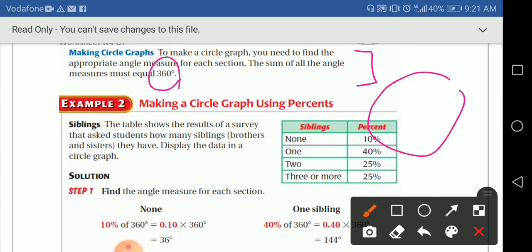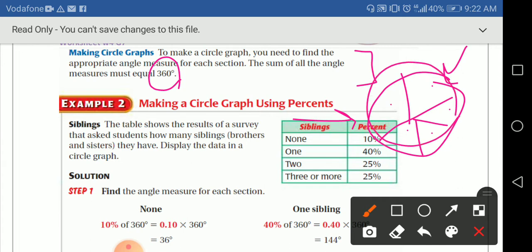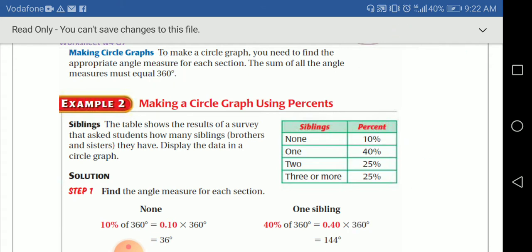So when we have a circle like this, it is called a circle graph, and it consists of sections. The total measure of degrees gives me what? 360 degrees. Okay, guys?